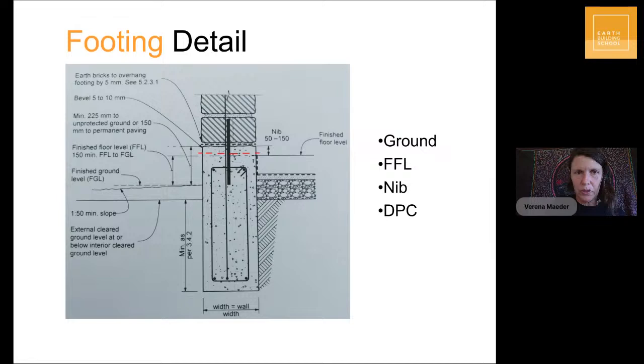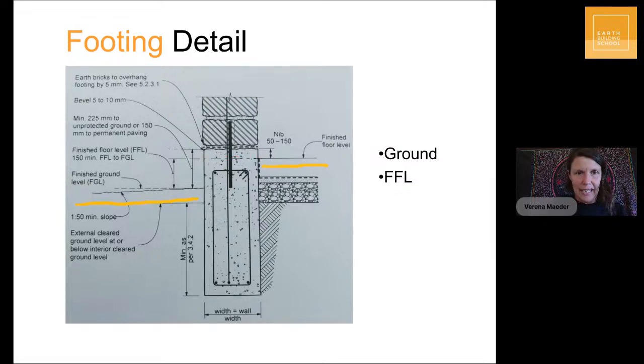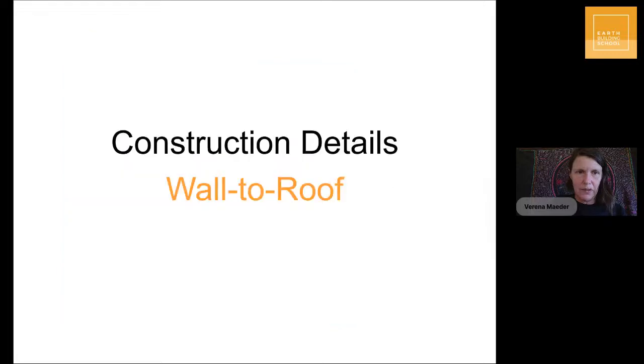And then very important again is that the top of the foundation gets painted with a bitumen paint to prevent moisture wicking up through the concrete and into the base of the brick. So here you see the fall away from the building and the little nib inside.